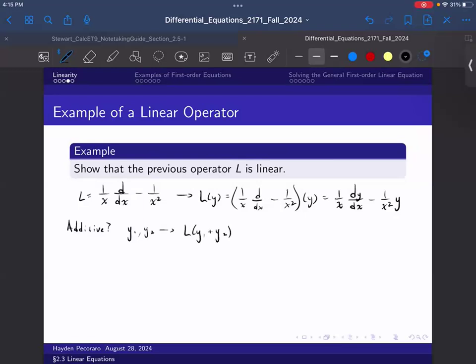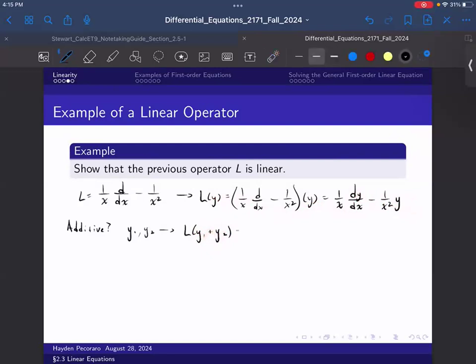Okay, so this works just like function evaluation for regular functions. Everywhere that you see y in the input here, you just replace that letter with the thing that's being plugged in. Okay, so I'm plugging in y1 plus y2. Everywhere I see a y here, I'm going to replace it with that.